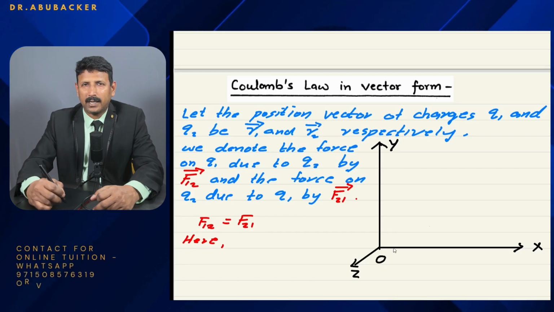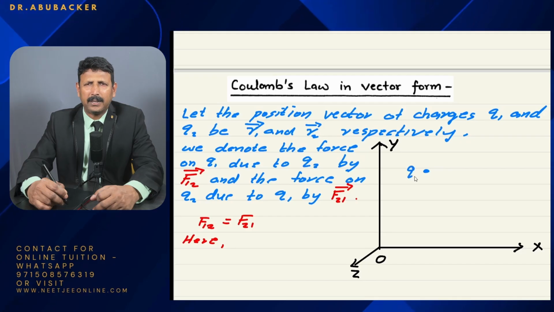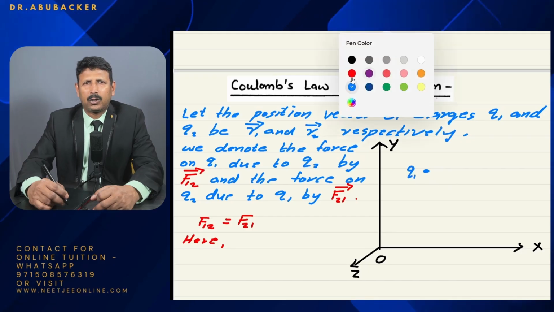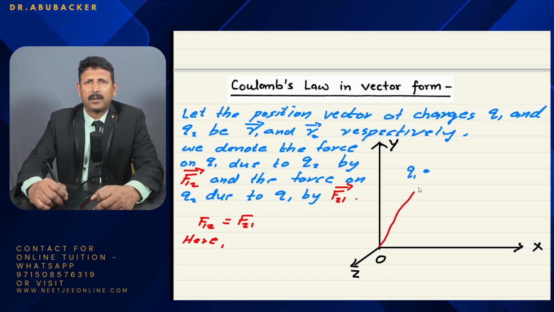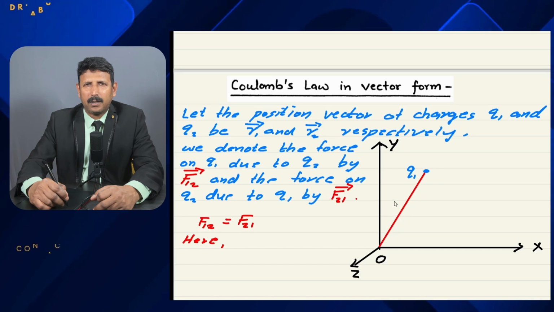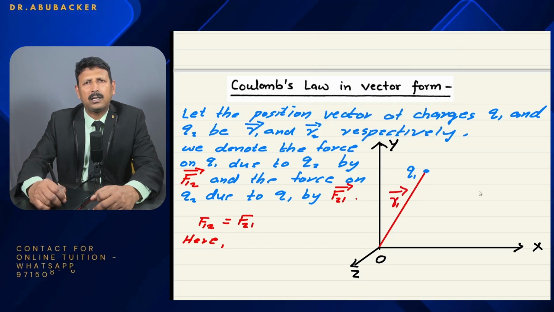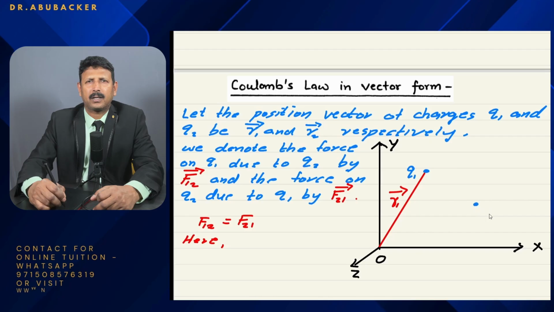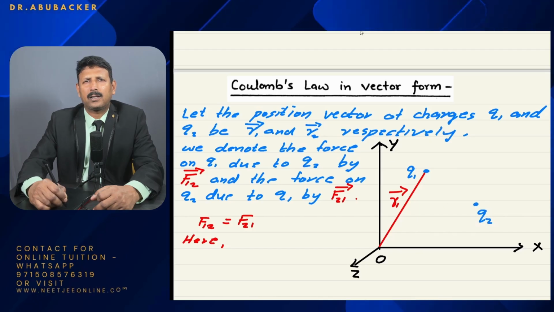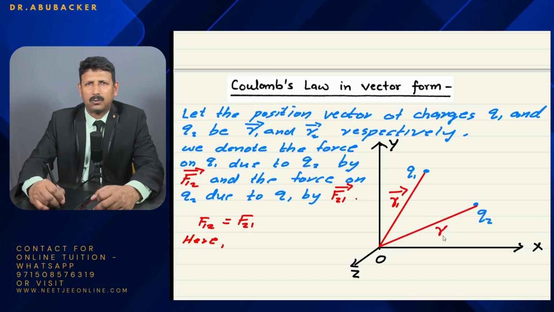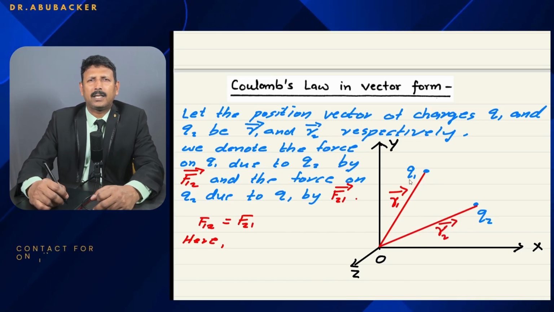Now we want to connect them, so there will be a position vector between them also, right? So Q1 and Q2 are connected. The arrow I marked from Q2 to Q1 is actually R21, and the arrow from Q1 to Q2 is small letter R12. Just practice like that. So the labeling is done.